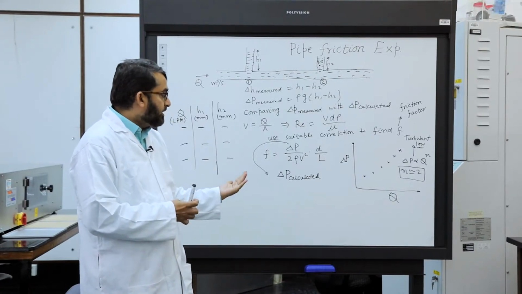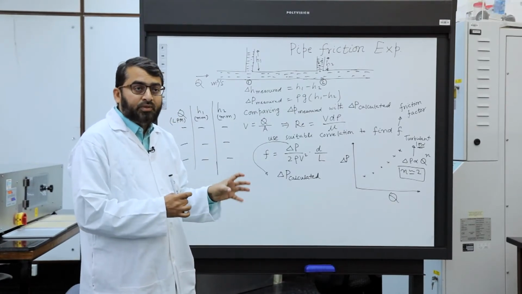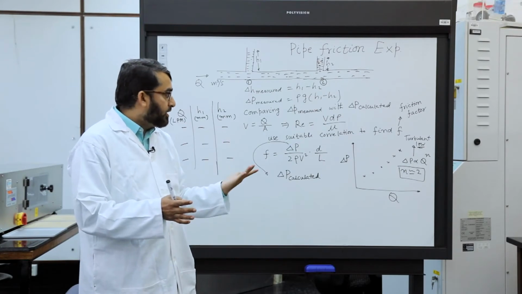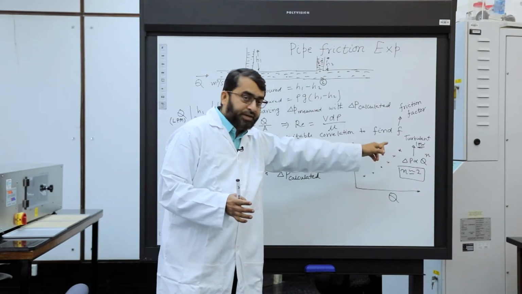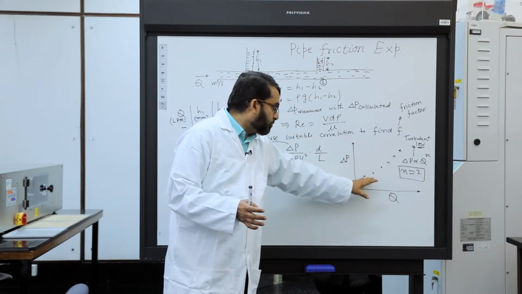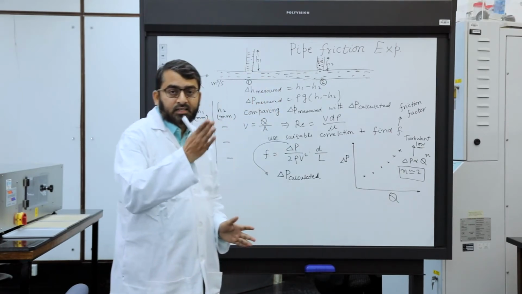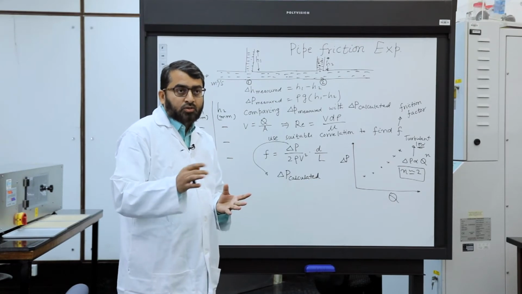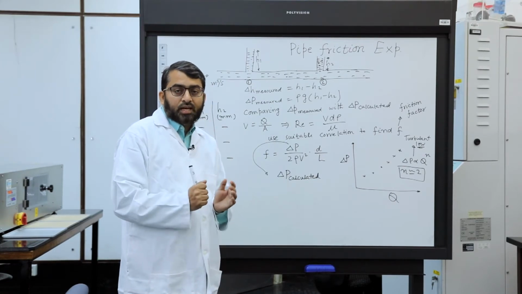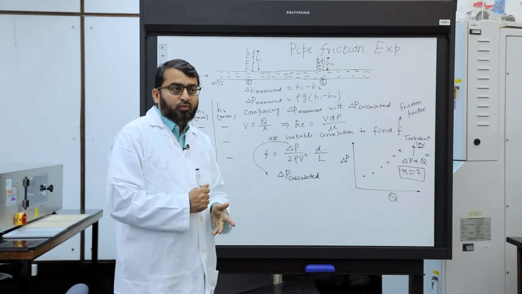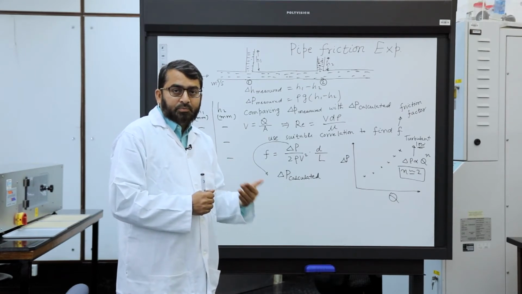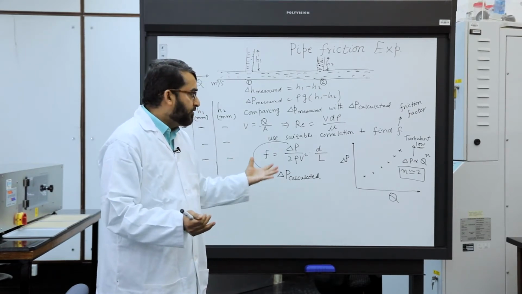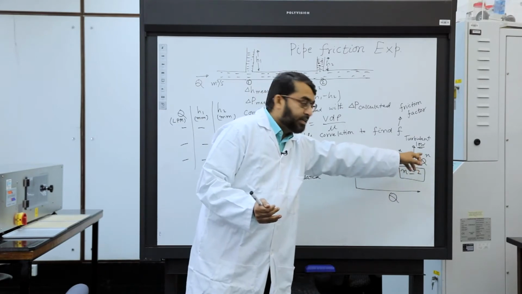The most important thing is to know the relation between delta P and Q, so plot all data points as a scatter plot, try to connect them, and search the literature for the relation between delta P and Q. In your experiment, mostly you will have turbulent flow, so look for how delta P depends on Q. I will give you the hint: it is like Q to the power n.